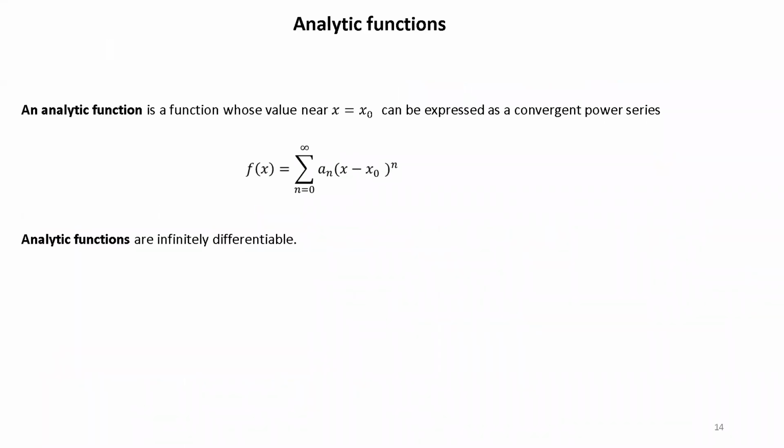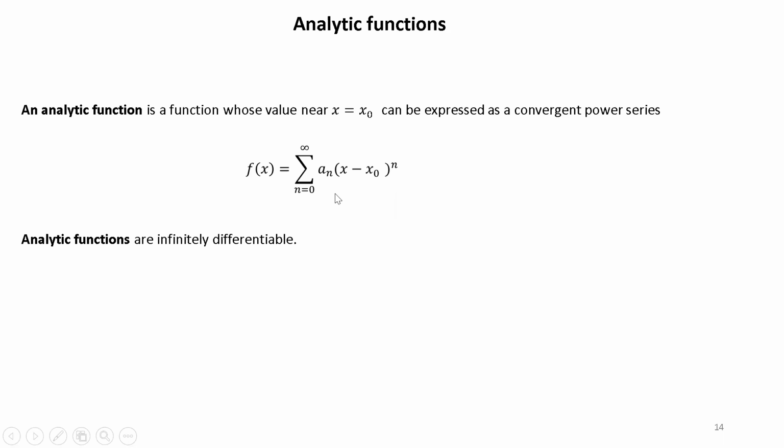Let me just finish this last line and I'll stop for today. This is just the definition of the so-called analytic function. An analytic function is a function whose value near x equals x naught can be expressed as a convergent power series.